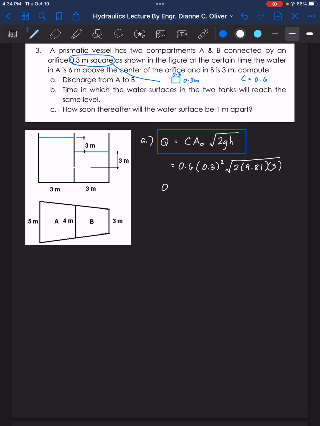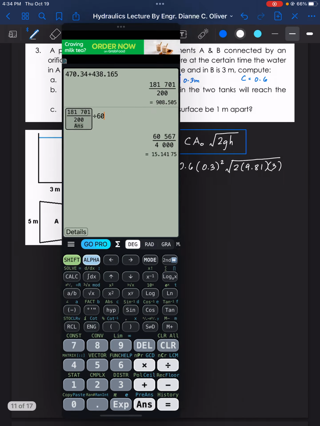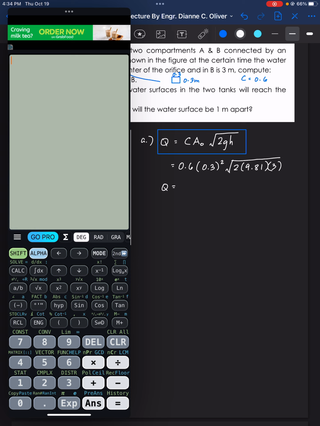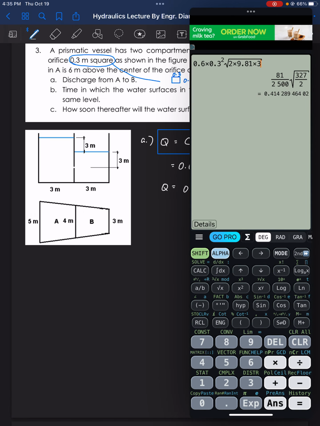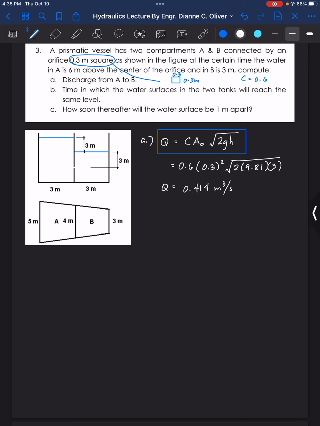So we now have the value for Q. 0.6 times 0.3 squared times the square root of 2 times 9.81 times 3. So 0.414 cubic meter per second. So that is our Q.